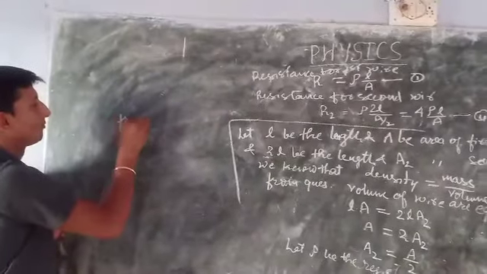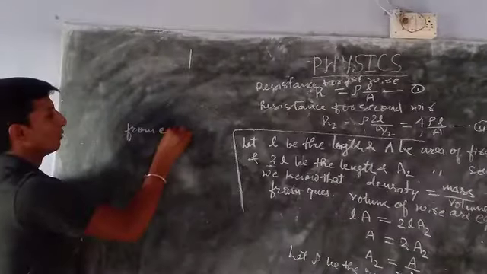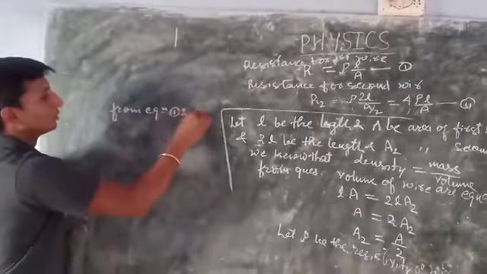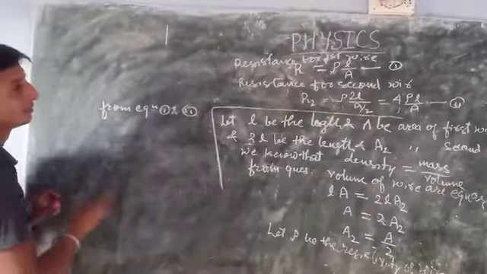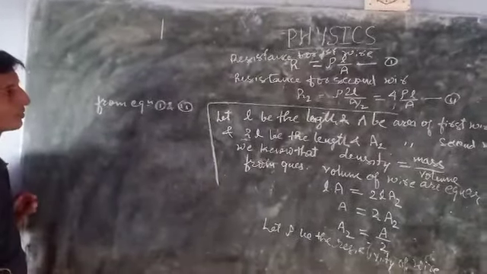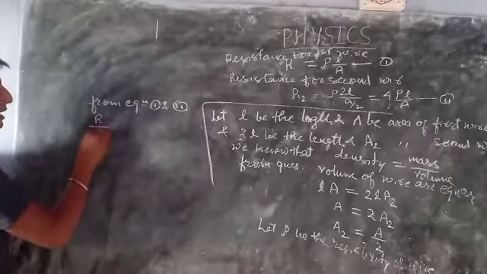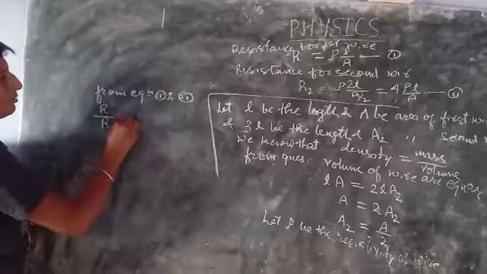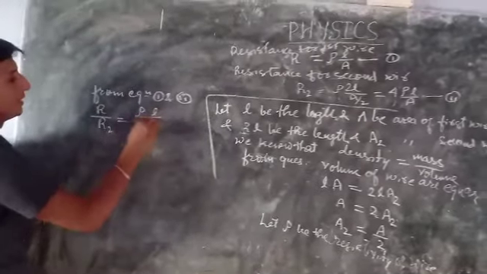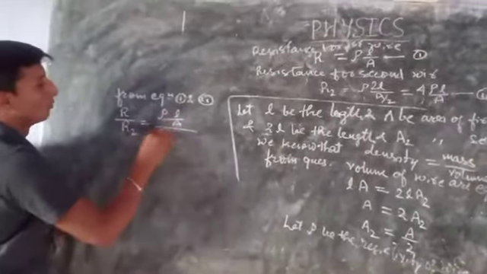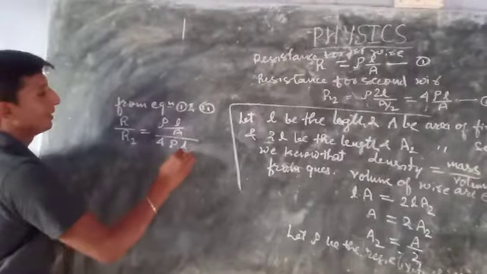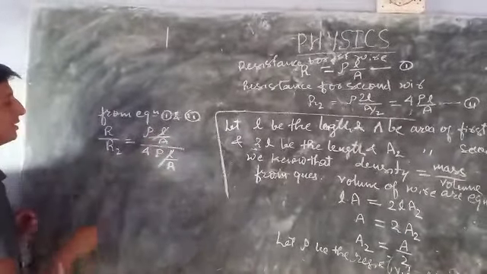From equations 1 and 2 we get R by R2 is equal to rho L by A over 4 rho L by A. These get cancelled.